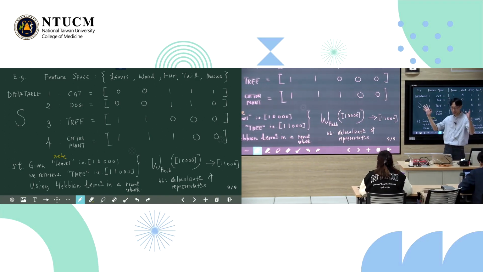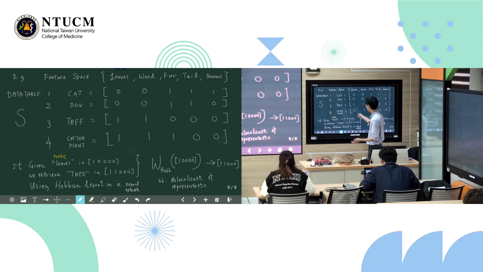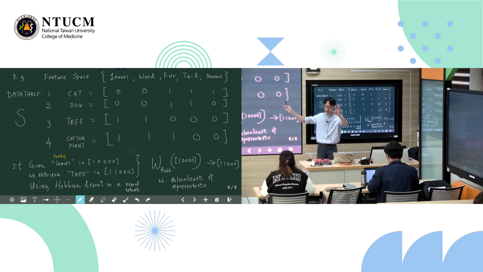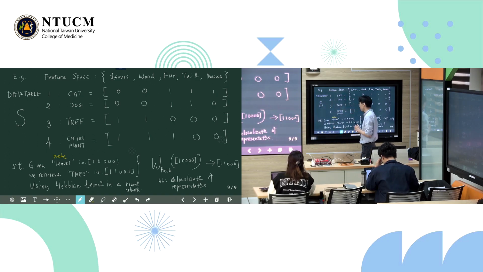Someone mentioned decentralized memory. It's decentralized because I don't need the whole thing to retrieve the whole thing. I just need one part of it, and then somehow that can be used to retrieve everything from everywhere else. Any questions here?